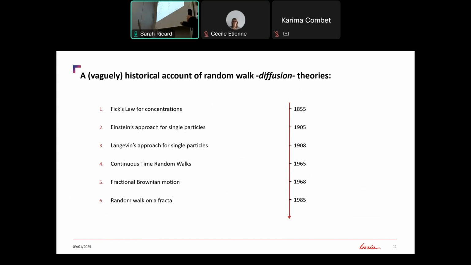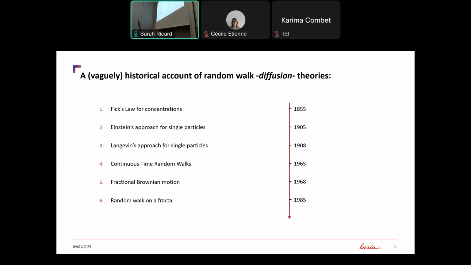In fact, this whole story started in the middle of the 19th century with Fick's law for the concentration. We will come back to that in a moment. And then the real milestone will be in 1905, the paper by Einstein on that, and we will come back to it.